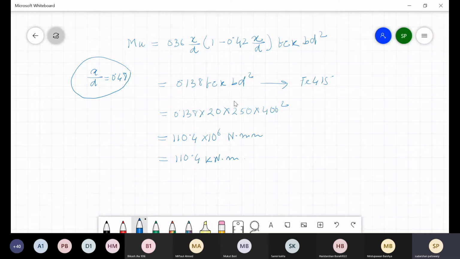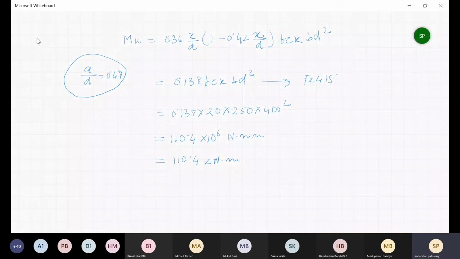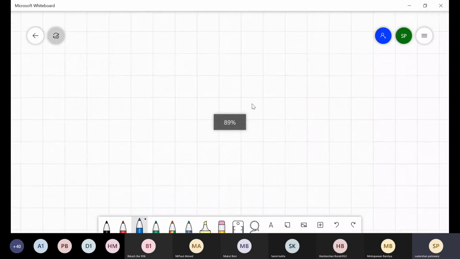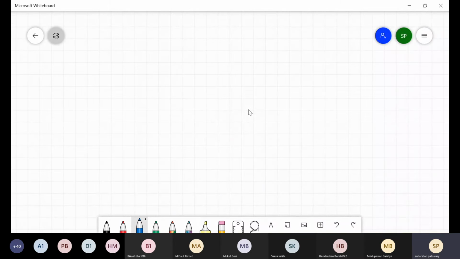Now next problem. Just wait. These are very simple problems actually. If you understood the simple problem, then you can solve the complex problem. After that, we'll go for design also.